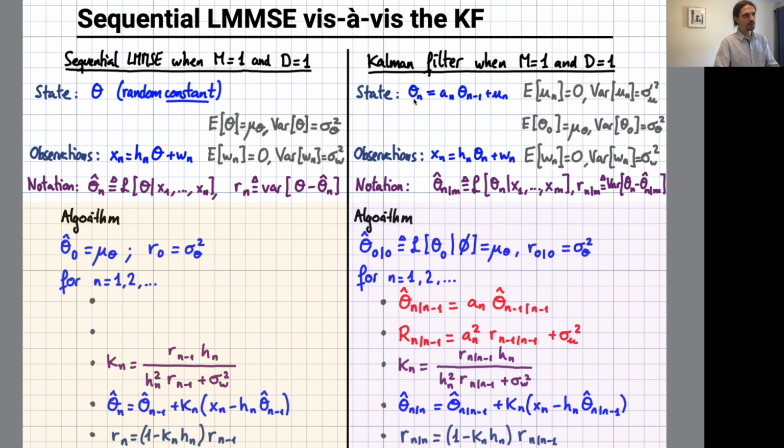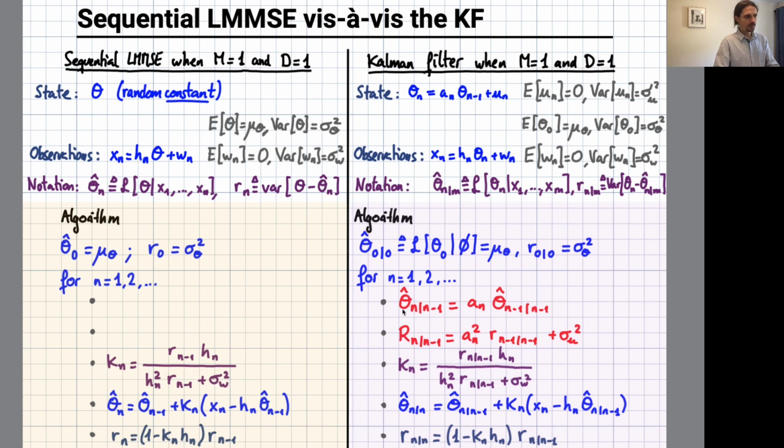In that case, theta n equals theta n minus 1, so the state does not change, right? So in that case, the model just boils down to this model here. Let's see if this algorithm also reduces to this algorithm.